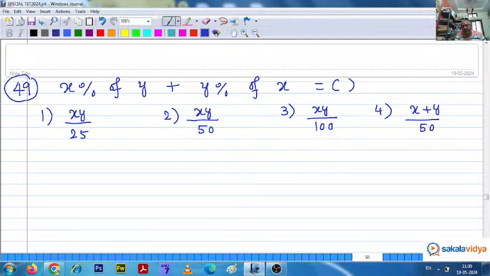So which is the right answer? x percent of y plus y percent of x. This is the 49th question.